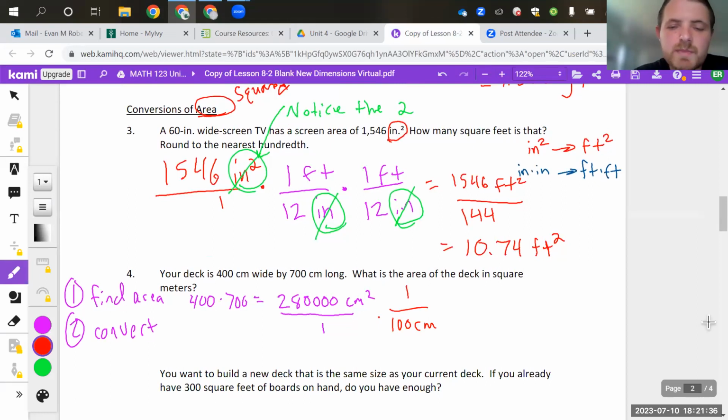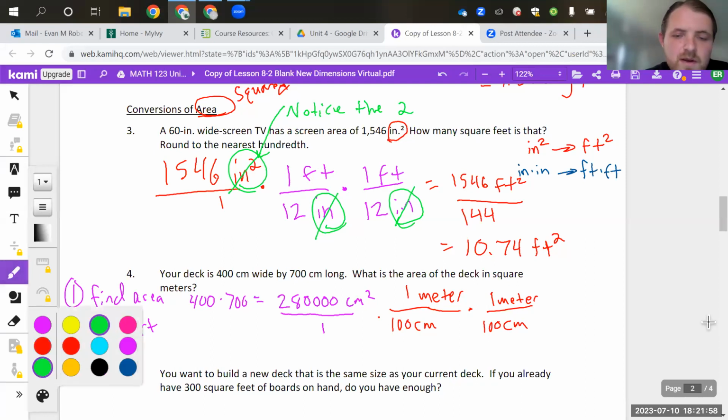I'm going to put my 1 meter on top. Again, the red will not be enough to cancel out the purple centimeters squared. So I will need a second one in order to actually cancel that out. So those centimeters units are now gone. And since I have a meter on top and another meter on top, that's going to give me meters squared.